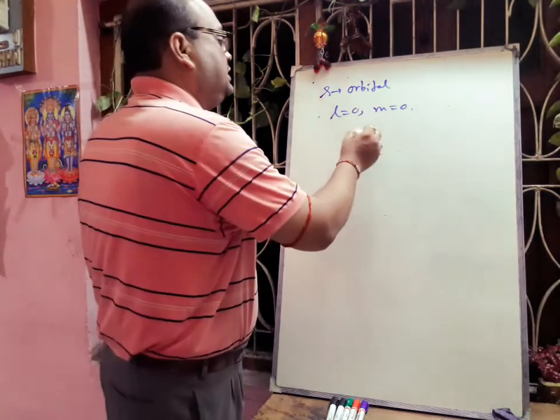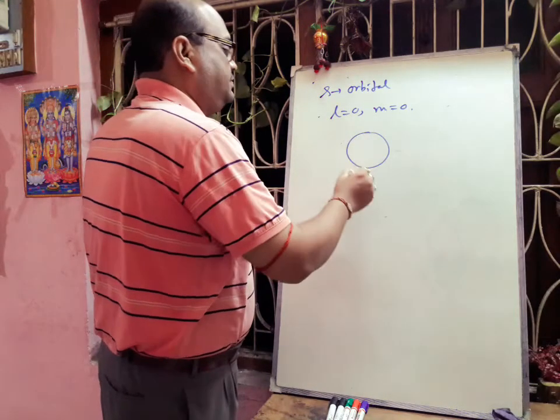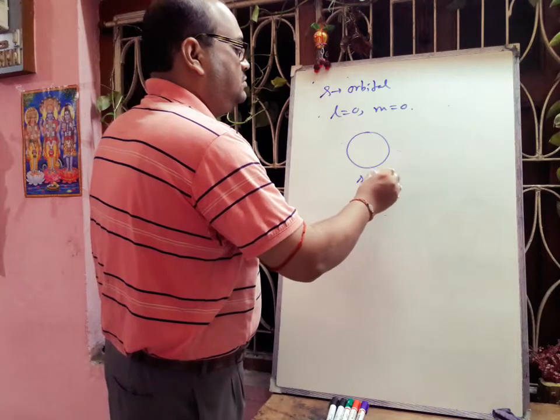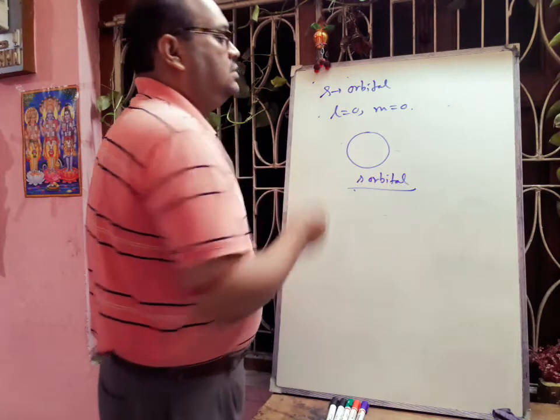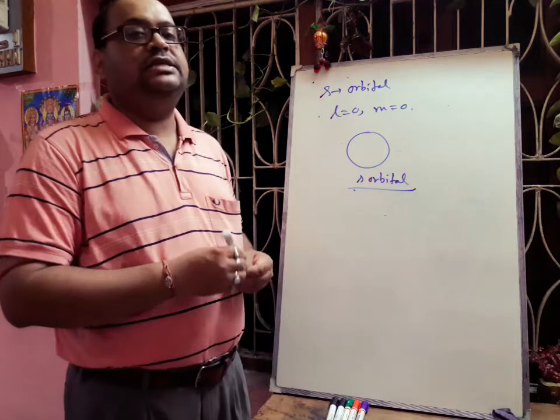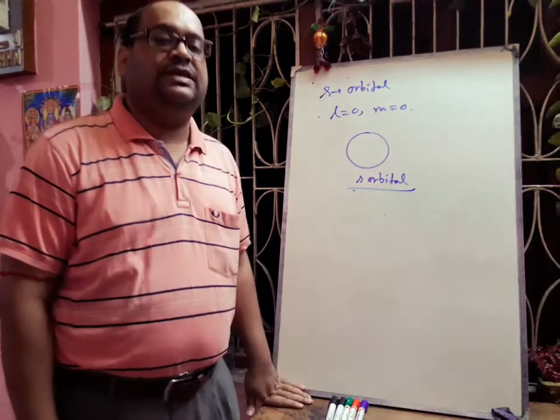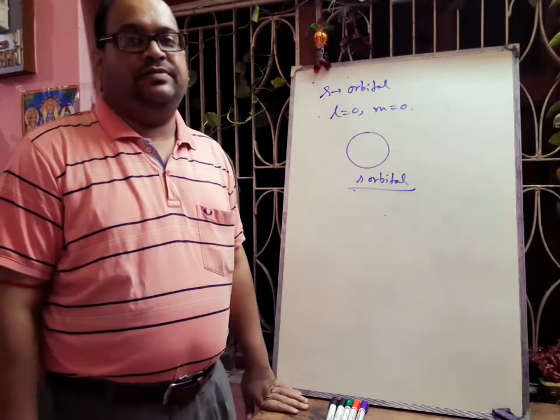If I draw the structure, you can understand this is the s orbital. So it is a 3-dimensional region where the probability of finding an electron is maximum. So it is spherical in shape.